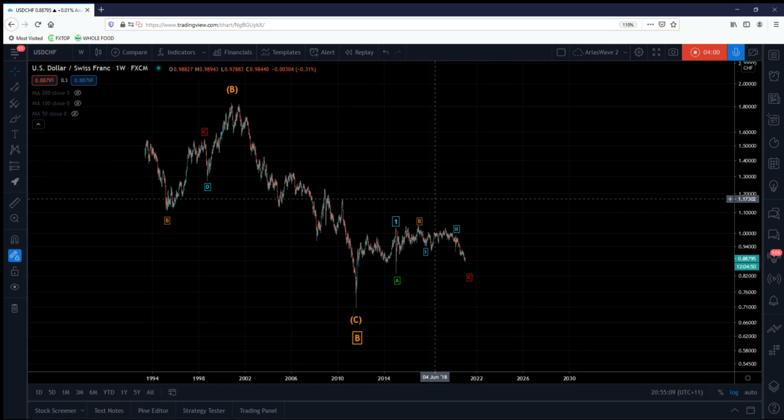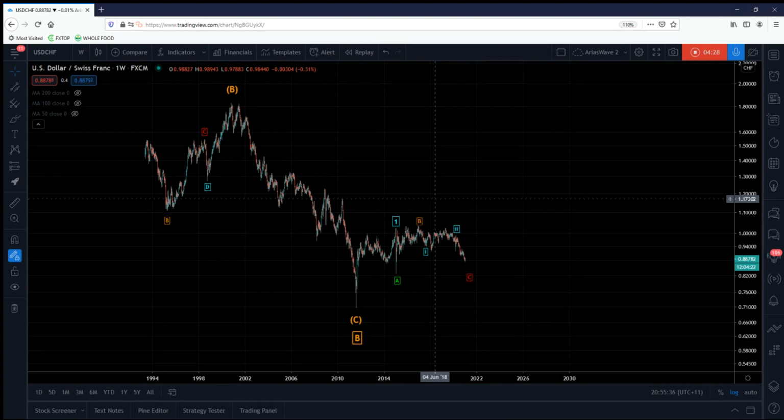What it is in the USD Swiss is an ending diagonal since about 1920, around that time, right? That's when it started. Around 1920 is when this E wave started. So we had wave 1 was a very small wave 1 zigzag down, followed by a pretty quick little mini wave 2.